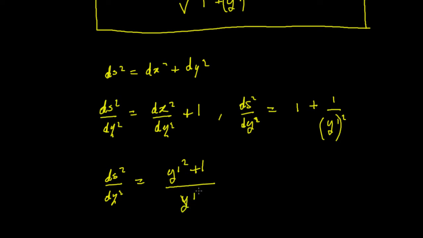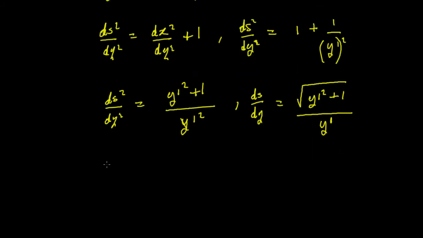y derivative squared. Okay, so now if we take the square root of both sides, we'd be left with ds upon dy would equal the square root of the top line, which I'll write as the square root of y derivative squared plus 1, and the square root of the bottom line will just be the y derivative, the square term will disappear.